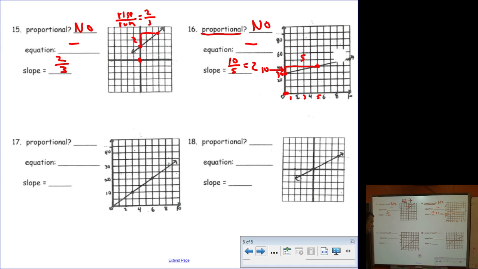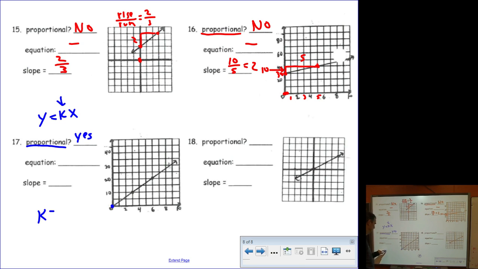Number 17. First, I'm supposed to decide if the graph is proportional. And because it goes through the origin, it is. And the equation for a line that is proportional is y equals kx. I just need to figure out the k.